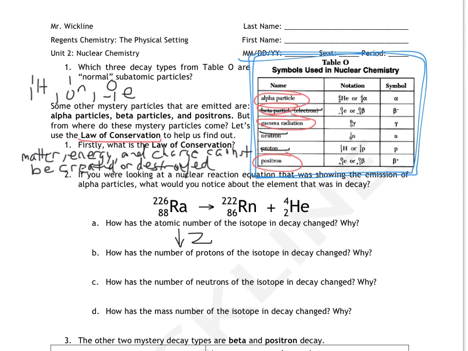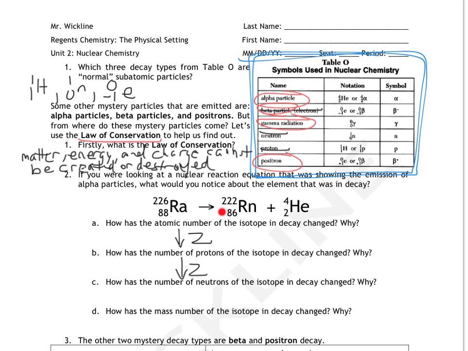And then that also means that the number of protons, of course, has reduced by 2. Now, neither of these things should be very confusing because if you look at the alpha particle itself, it has an atomic number of 2. It has 2 protons in it. So it makes sense that this should go down by 2 because this guy has 2.